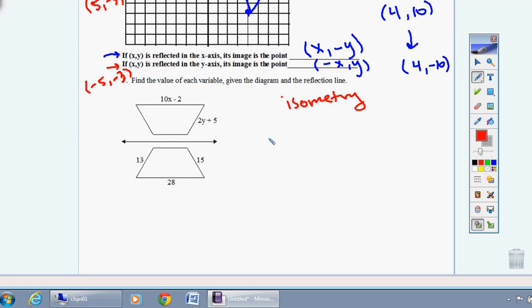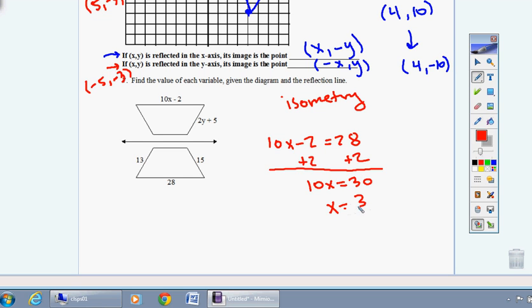So if I were to solve for x, I would just say 10x minus 2 is equal to 28, because this line right here corresponds with that line right there. And if I go ahead and solve for x, I'm going to get 10x equals 30, or x is equal to 3.